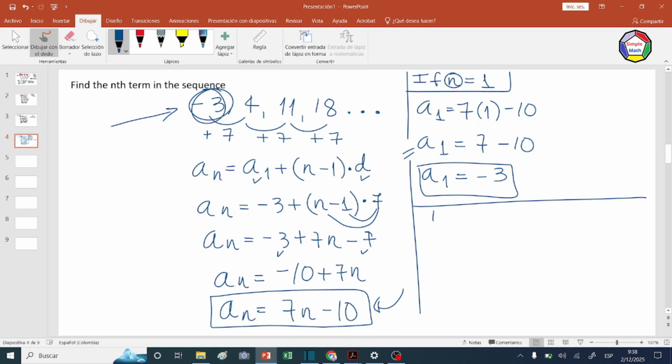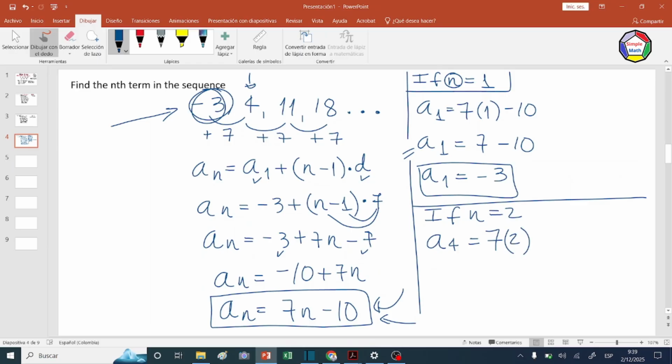If n is equal to 2, I will substitute in the same formula. So again, I will check if that works for the second term. The final answer must be 4, and that's something I'm going to check. So a sub 2 is equal to 7 times n, but what is n? 2, right?